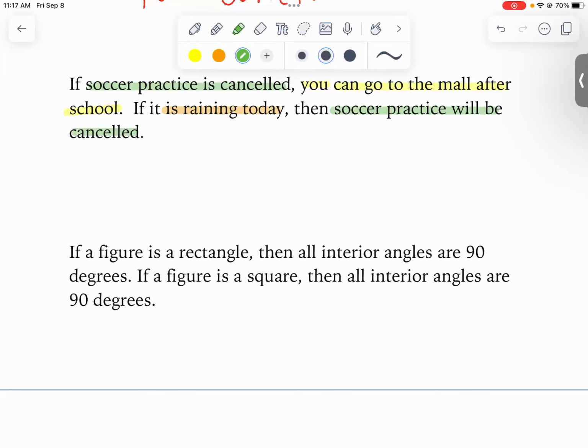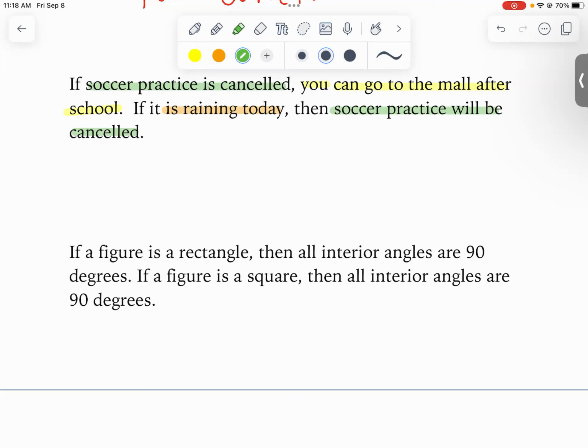Okay, what do you think about this first one? Do we have a match? Why do you say not really? It's like soccer practice is canceled, they say that like twice. They do say that twice, and is one a conclusion and one a hypothesis? Yes.